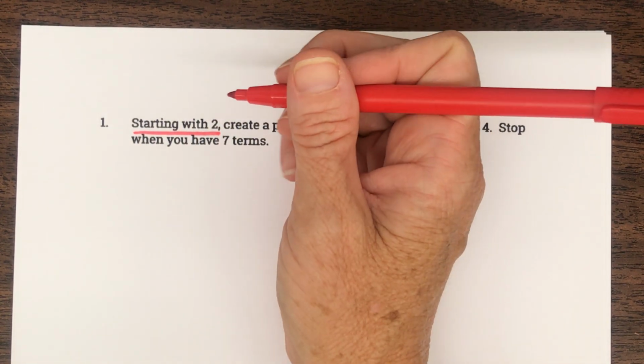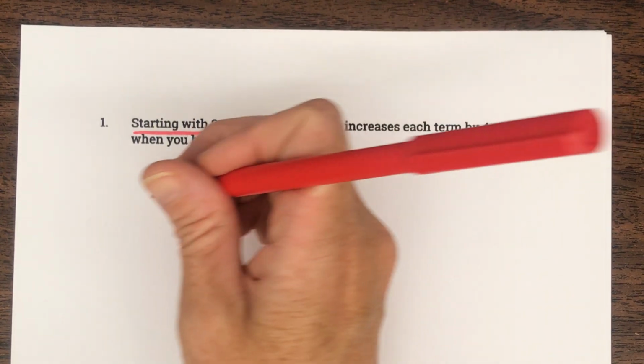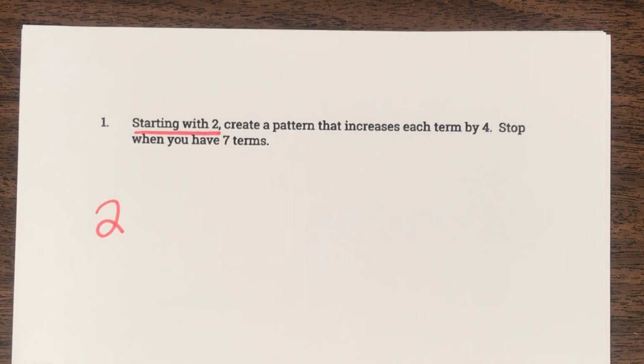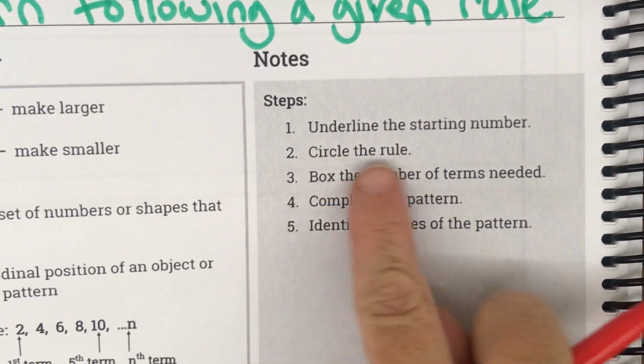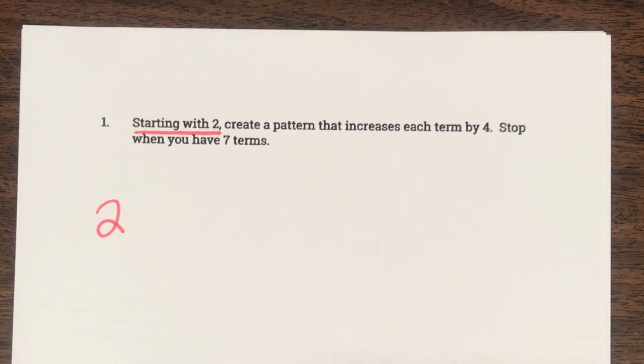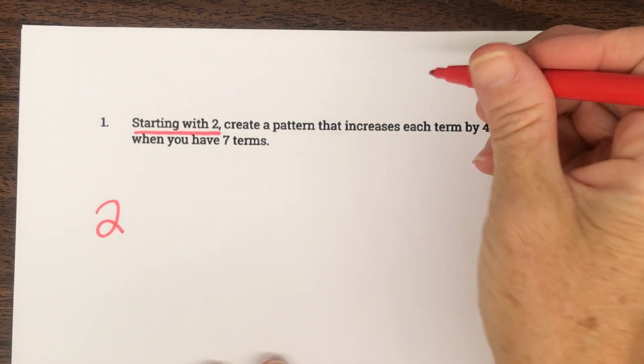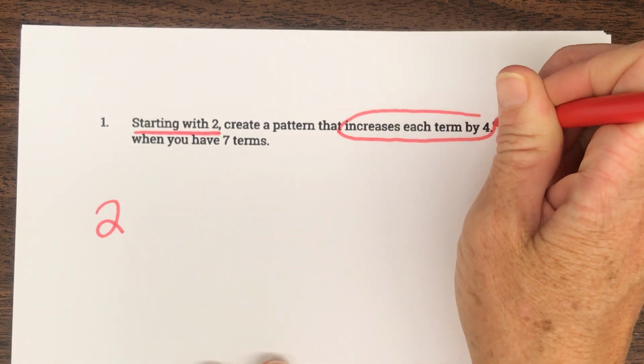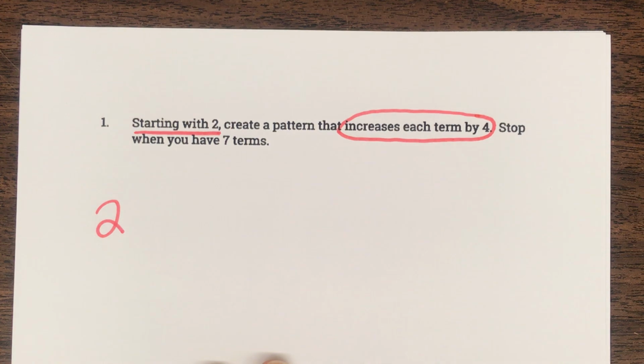They want me to start with 2. So that's going to be my first number in my pattern. Okay, then it says circle the rule. What's my rule? Create a pattern that increases each term by 4. That's my rule. So increases means I'm going to add 4 each term.